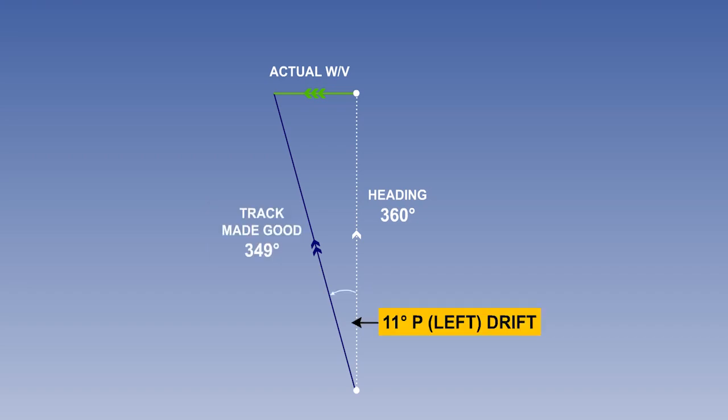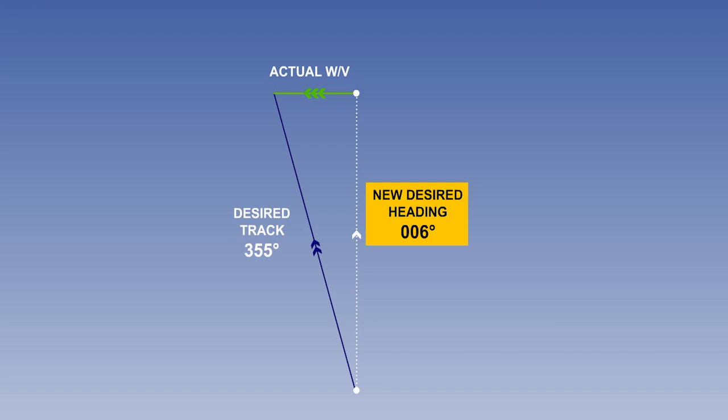So, if our heading was 360 degrees, and our track made good was 349 degrees, we were drifting 11 degrees to the left. Once back on track, we should make use of this information. If we now apply the 11 degrees of drift which we have calculated, then we need a heading of 006 degrees in order to maintain a track of 355 degrees.